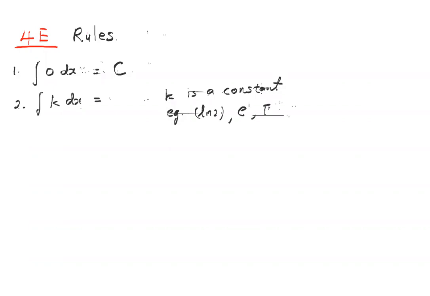Pi is a constant. A number is a constant. Correct? So in calculus, you have to recognize what the constants are. To me, a constant means a term that doesn't involve a variable of x, because I'm talking about dx.